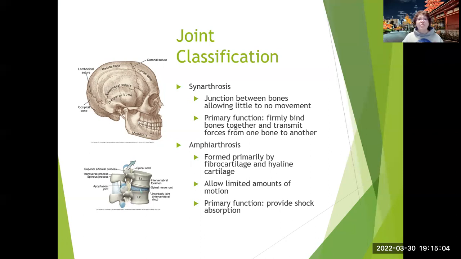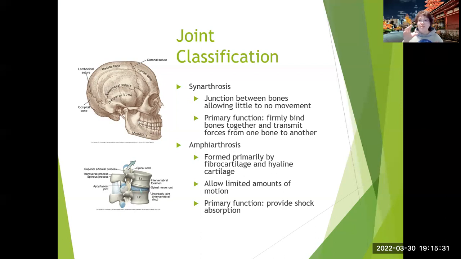So amphiarthroses are usually formed primarily by fibrocartilage and hyaline cartilage. They allow limited amounts of motion, but they do allow motion, and their primary function is to provide shock absorption. So an excellent example of the amphiarthrotic joints are the intervertebral discs, and the 2 vertebrae that surround them.